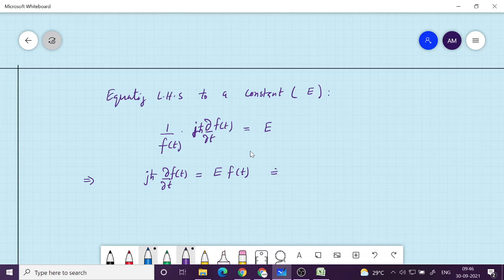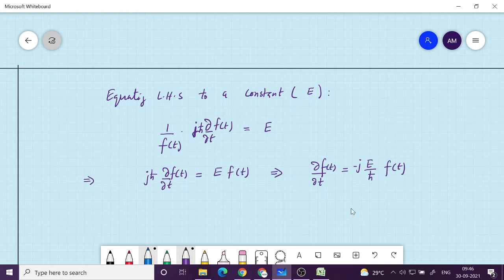Or I can further rearrange it as dou f by dou t of f is equal to E by j h cut. So if I bring the j to the numerator, it will be minus j E by h cut f of t.